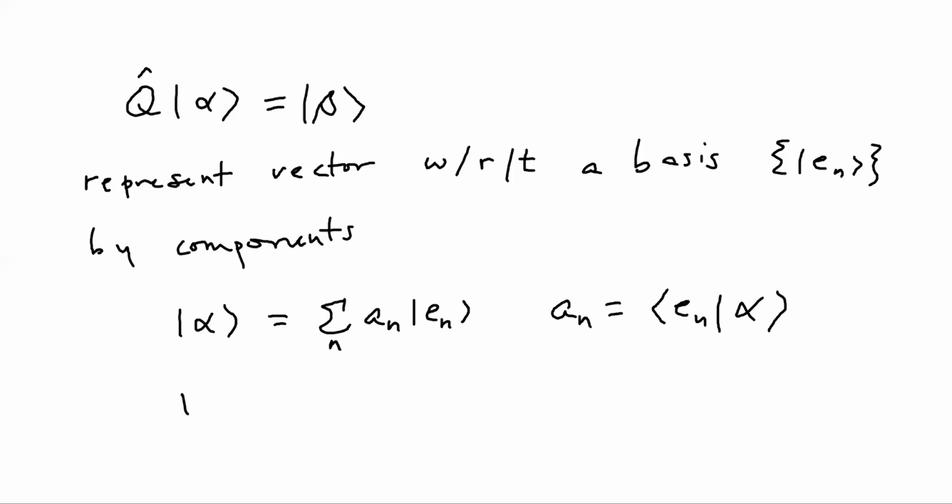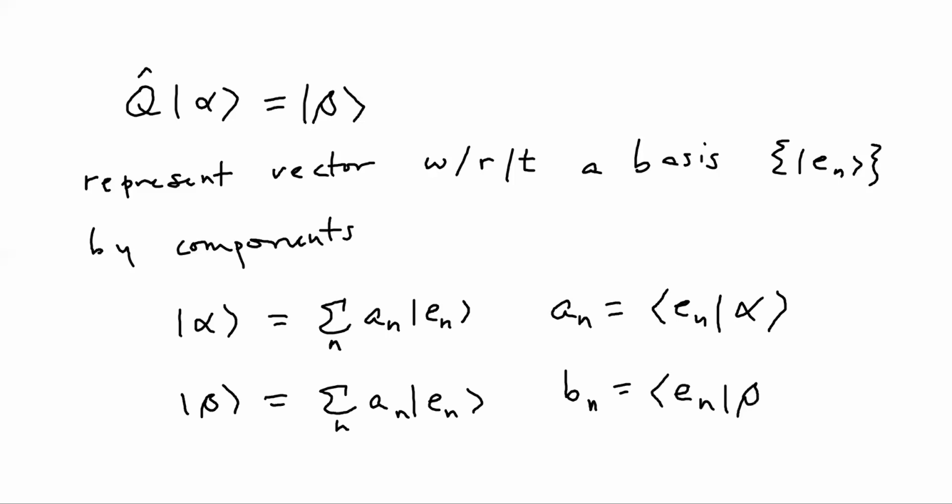And then we can say the same thing for our beta vector up here, that our beta should be able to be written with our basis, right? And so each component of that beta vector is given by the inner product here. Those are two ways to write the same thing.